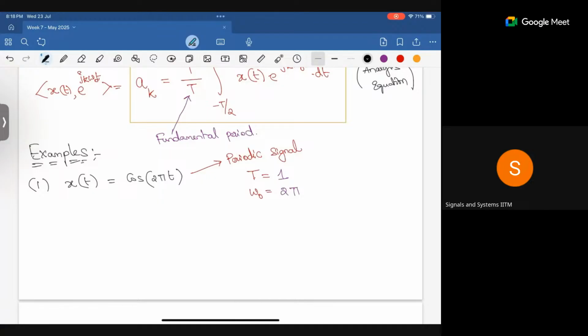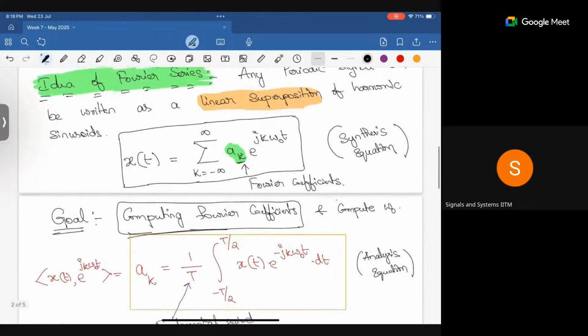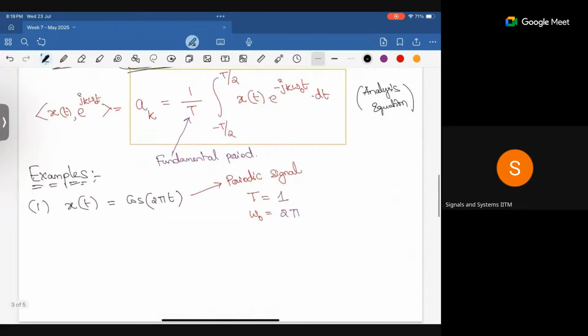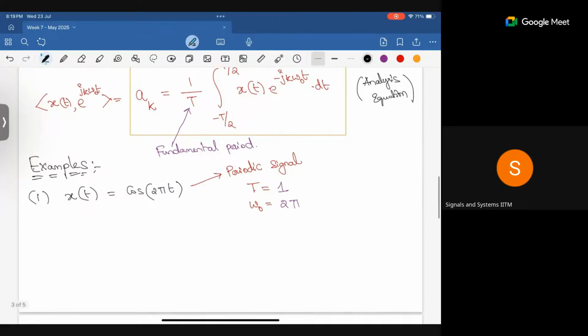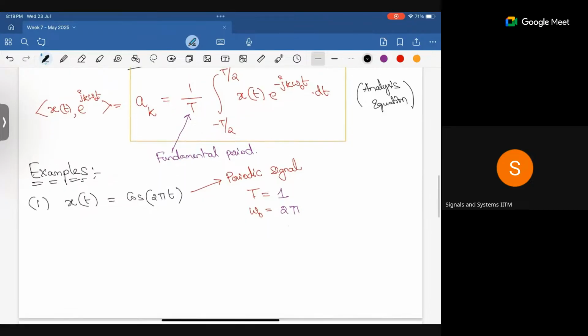Now, should we go and use this analysis equation, or can I express this cos 2 pi t as a sum of phasors? Can we write cos theta as a sum of phasors?